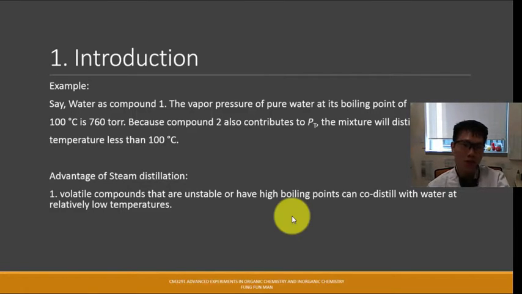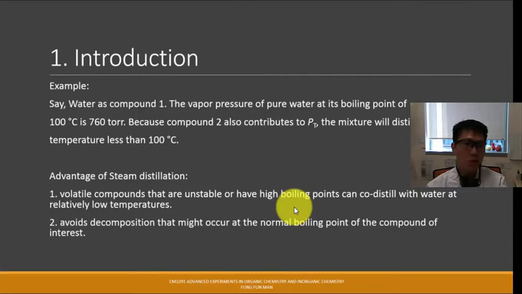Because now you're changing it from a liquid to a steam first, that's not breaking any covalent bond because it's just a physical change. Then you can collect your pure compound by condensing it back to liquid state.